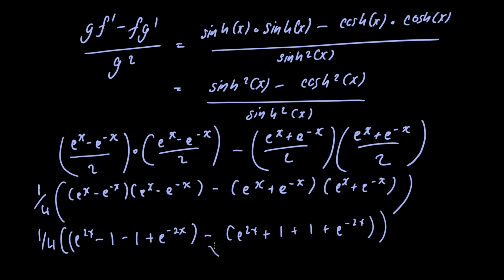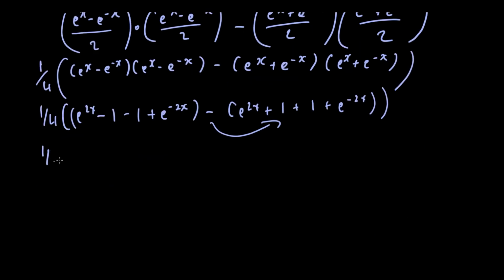So we're just going to go ahead and distribute this minus sign to everything inside the brackets there. We're going to have 1 over 4 multiplied by e raised to 2x minus 2 plus e raised to minus 2x, minus e raised to 2x minus 2 minus e raised to minus 2x.